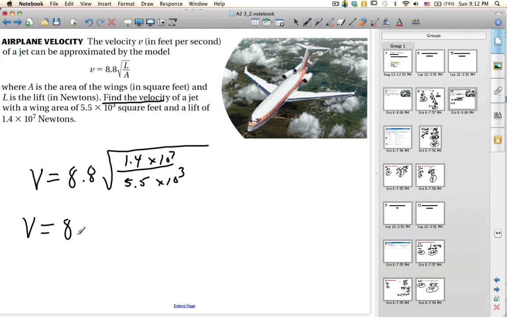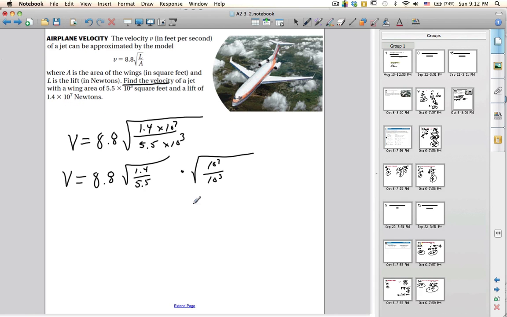So velocity will be equal to 8.8 times the square root of 1.4 divided by 5.5 times the square root of 10 to the 7th divided by 10 to the 3rd. Well, 10 to the 7th divided by 10 to the 3rd is 7 minus 3, which is 4. That's the square root of 10 to the 4th. And that is 10 squared.